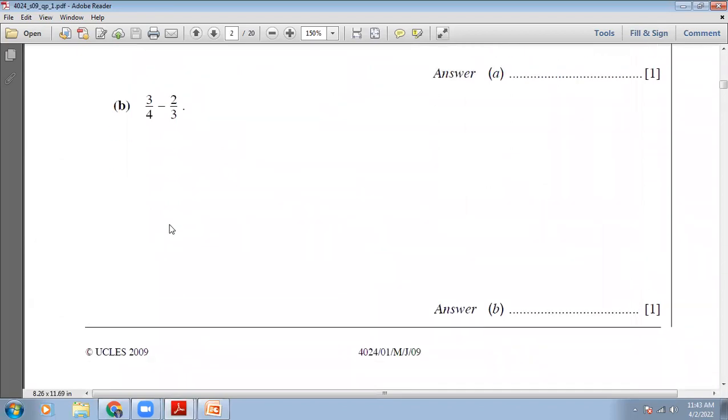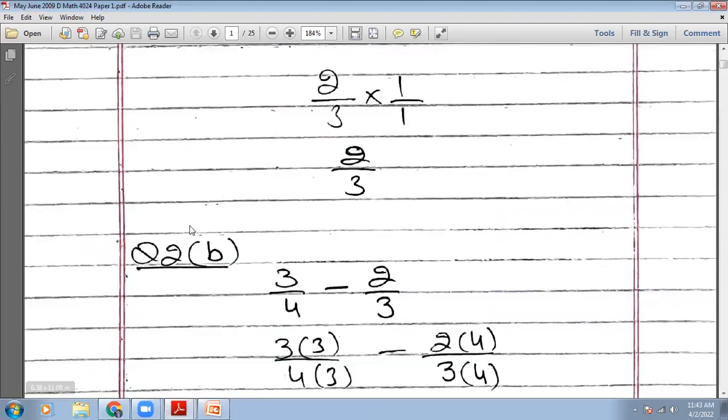Question number 2 is the B part. Here we have 2 fractions and they are subtracting from each other: 3 by 4 minus 2 by 3. You can do the subtraction, but first of all, their denominators must be the same. To make the denominator the same, you multiply the first fraction's numerator and denominator both with 3. And the second fraction's numerator and denominator both must be multiplied with 4.